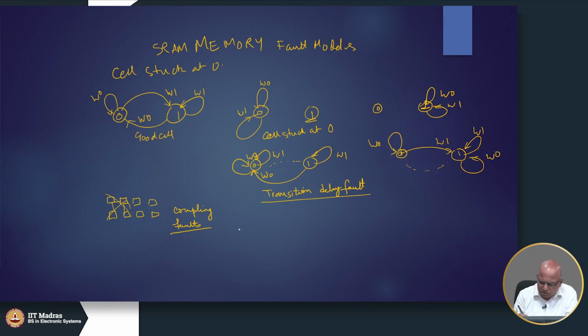If two cells i and j are there, there could be 4 possible states: i equal to 0, j equal to 0, and so on. Let i and j be cells. They could be in state 0 1, they could be in state 1 0, they could be 1 1.